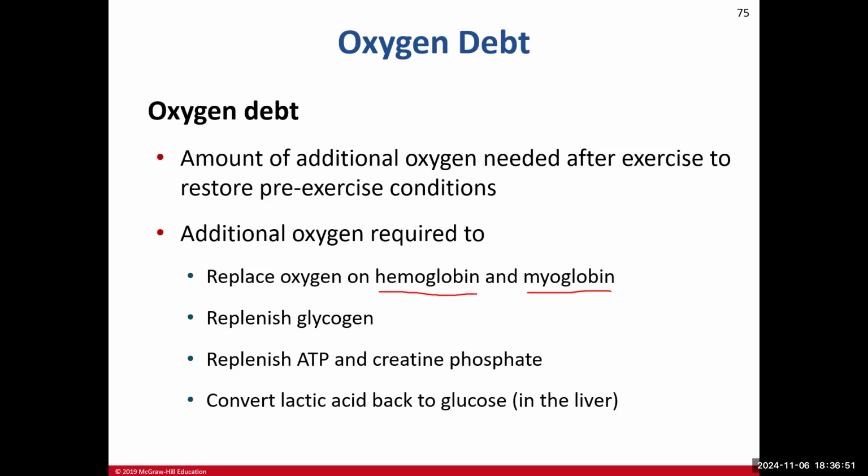And then if we have any lactates or lactic acid that we've generated, then we're going to ship that back to the liver, cardiac muscle tissue. So we're going to recycle that lactate, convert it back into glucose through gluconeogenesis. Makes sense, right? And this is all while you're resting. So when you've done some sort of exercise and you've depleted oxygen and energy stores, you're going to go into oxygen debt. And we've got to replace what you used.